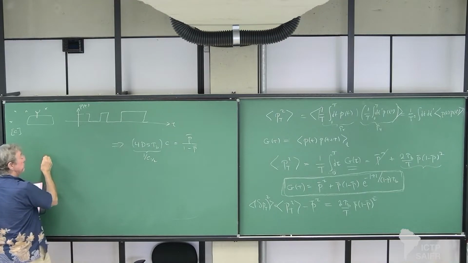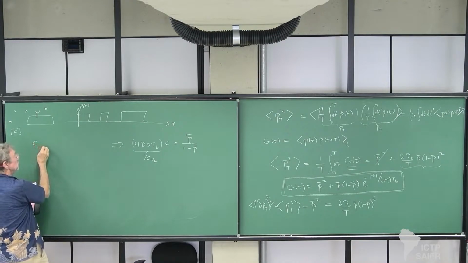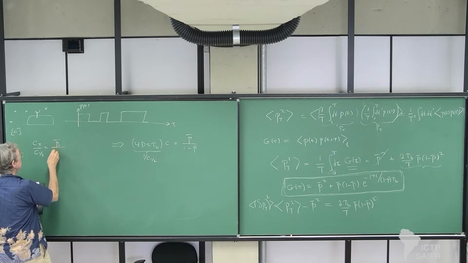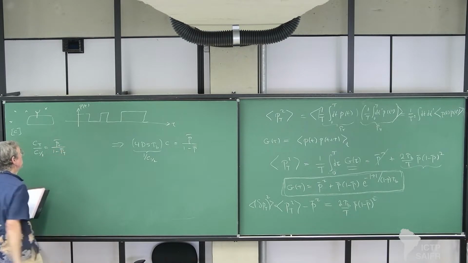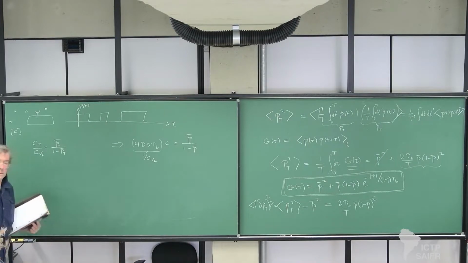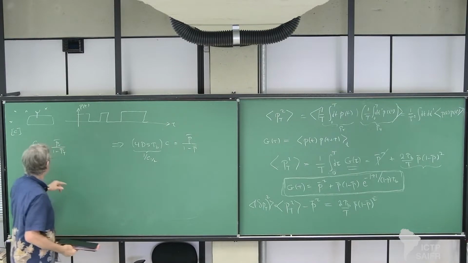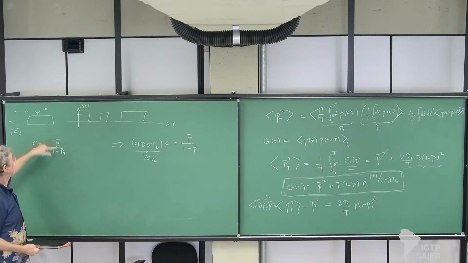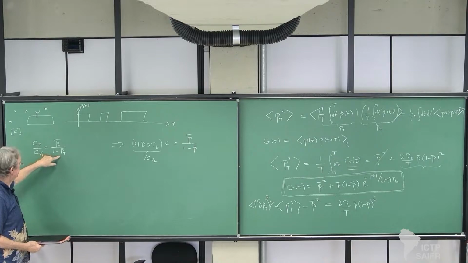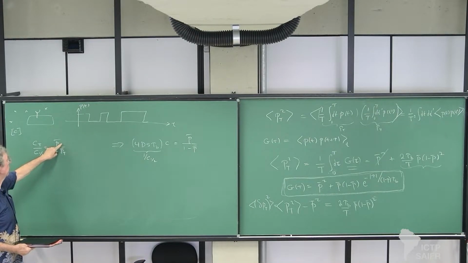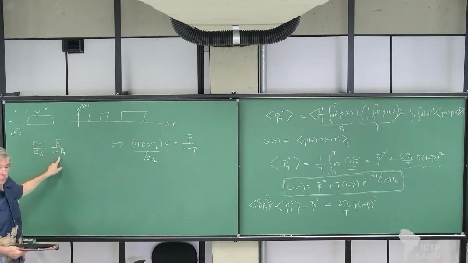My best measurement of c divided by c half is going to be my best measurement of p bar divided by 1 minus that. Okay? So it's sort of simple. There are these funny factors of 1 over 1 minus p, but in any case, the connection between the average occupancy and the concentration is pretty simple, all right?